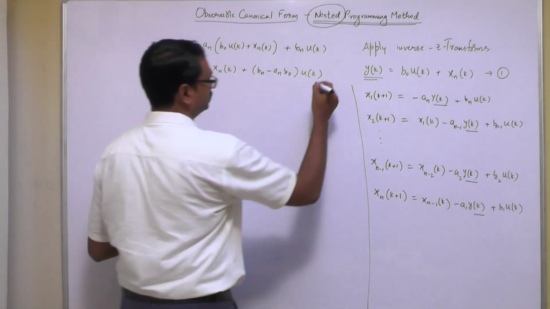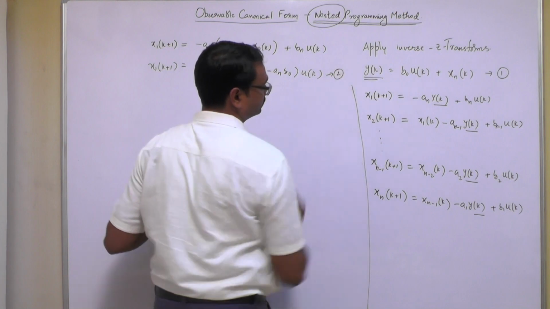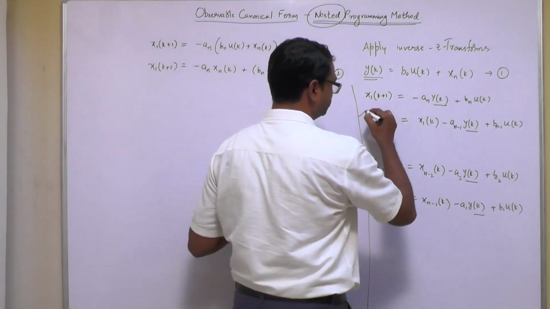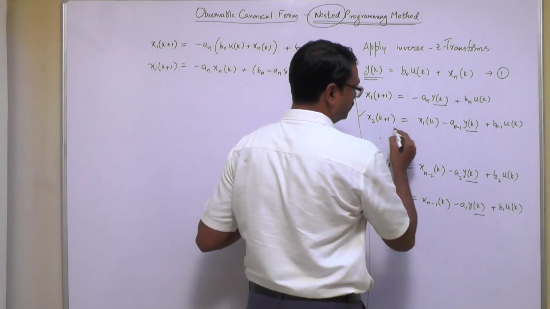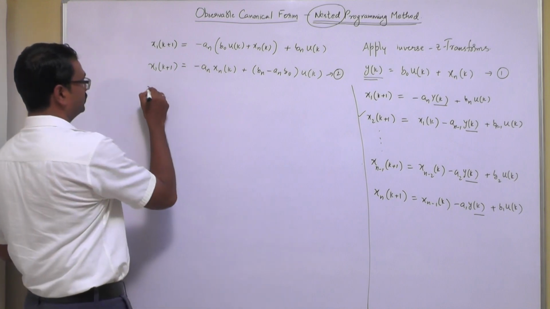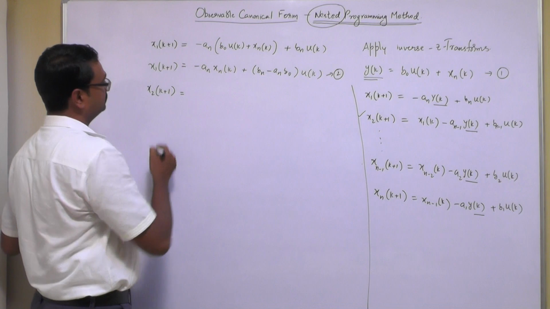So this is our second equation. Now what is the third equation that we are going to get from here, x2(k+1)?